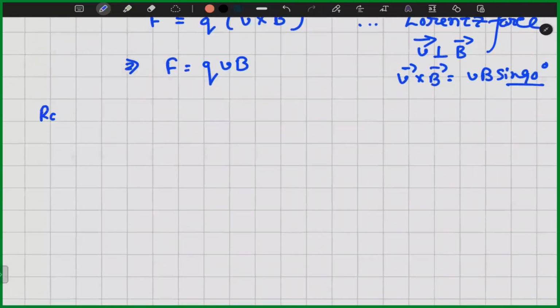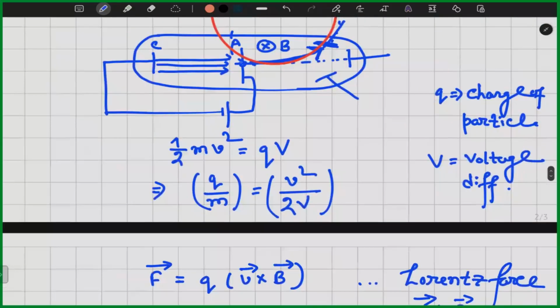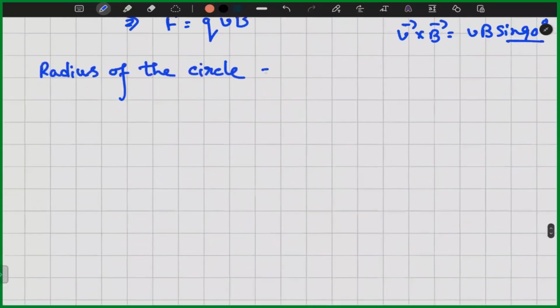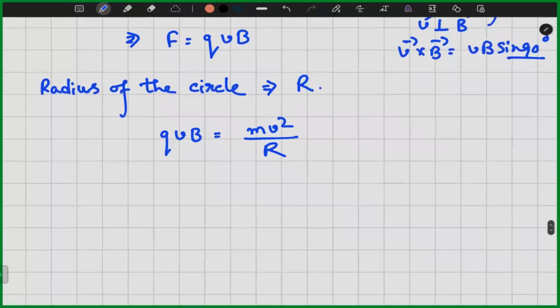Actually this is an arc of the circle. The radius of the circle is r. So we can write the force qvB should be equal to mv square by r, where r is the radius.